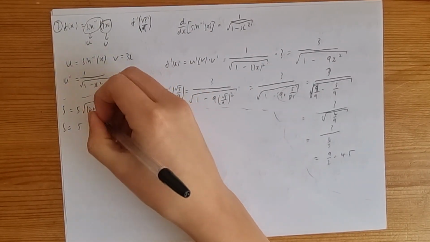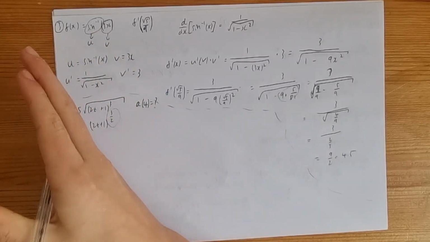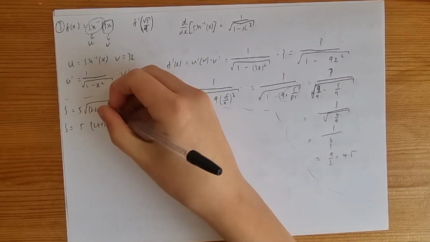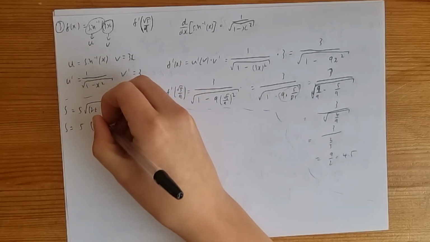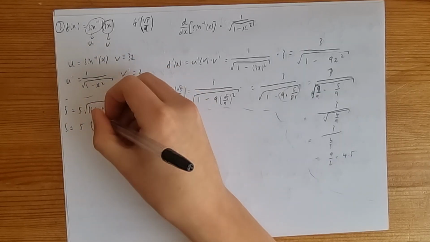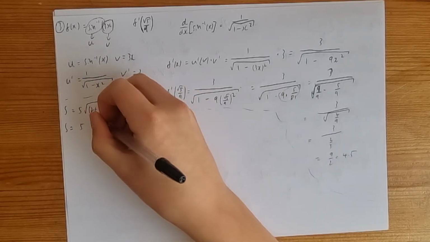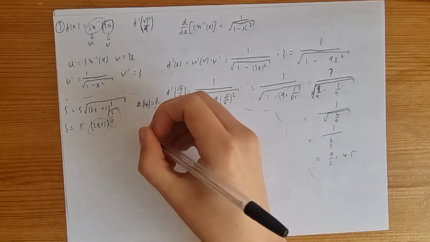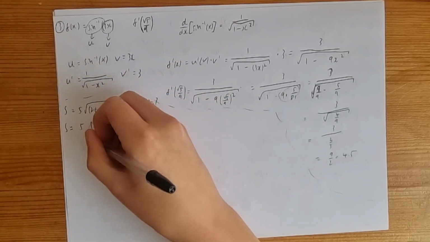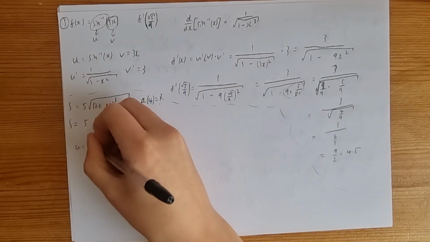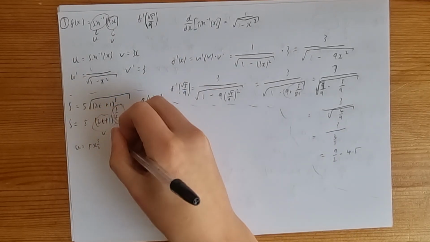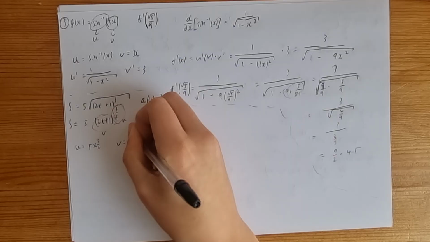The 5 is a constant, so we'll just put it back at the end. The outer function is 5x to the 3 over 2, or t to the 3 over 2, and the inner function is 2t plus 1. So this is u, and this is v. So u equals 5x to the 3 over 2, and v equals 2t plus 1.